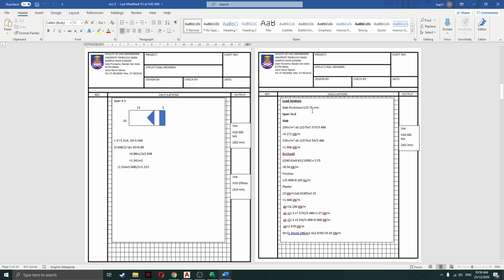For load analysis, slab thickness 123.75 because I get my slab is 123.75 millimeter.